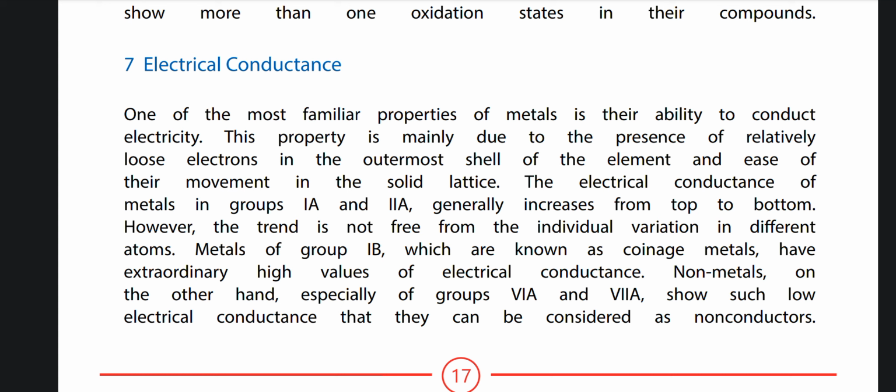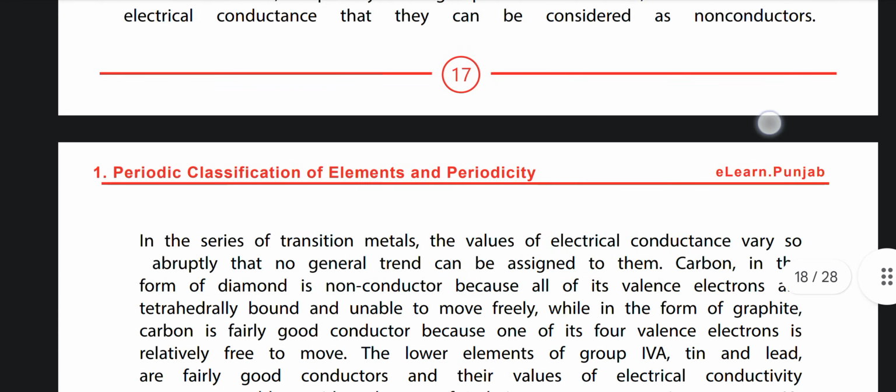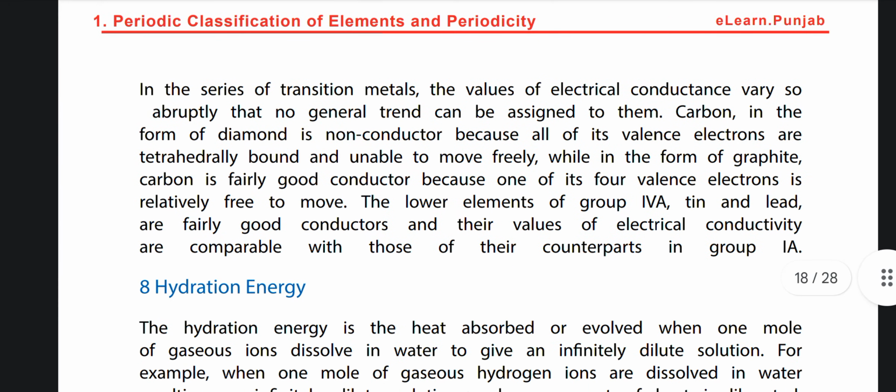Non-metals, on the other hand, especially of group 4A, 6A and 7A, show such low electrical conductance that they can be considered as non-conductors. In the series of transition metals, the values of electrical conductance vary so abruptly that no general trend can be assigned to them.